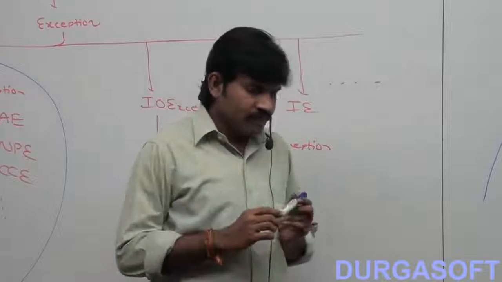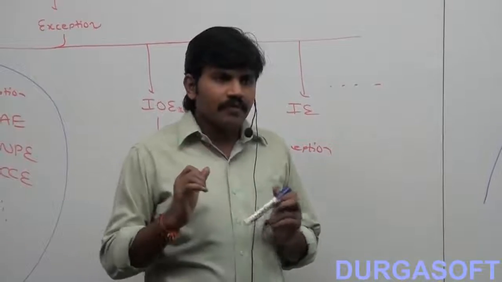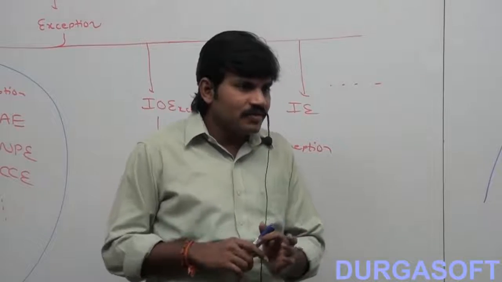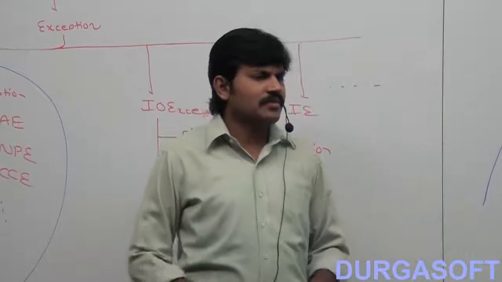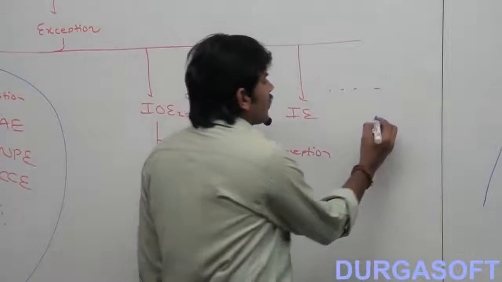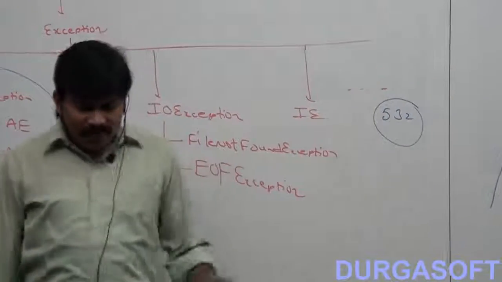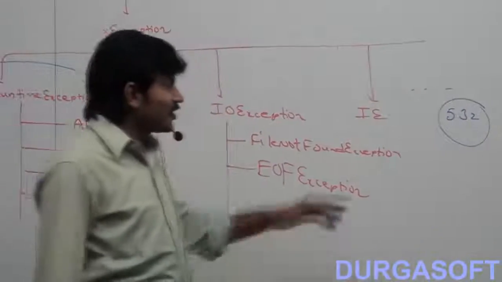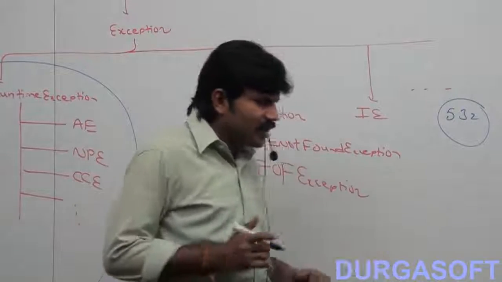Then you went. Your grandfather asked one question: for how many members are you preparing dinner? You said exactly 532 members. Immediately your grandfather got shocked. How have you decided exactly 532?